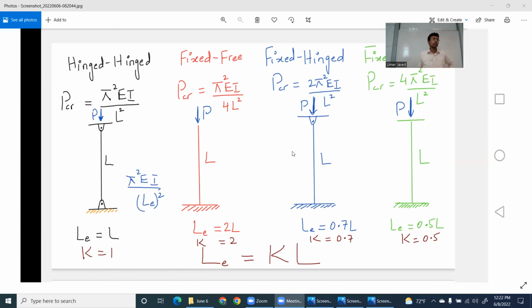And in all the derivations, the weight factor we never included, so don't worry about that. Okay.